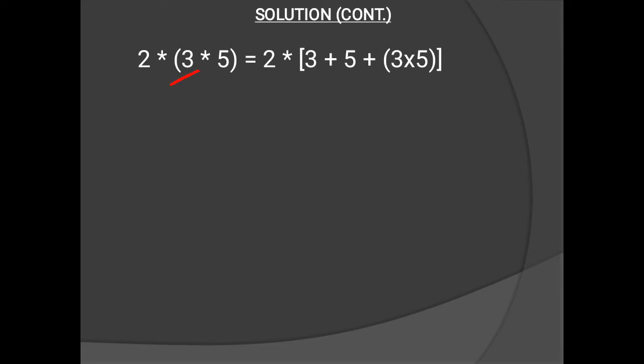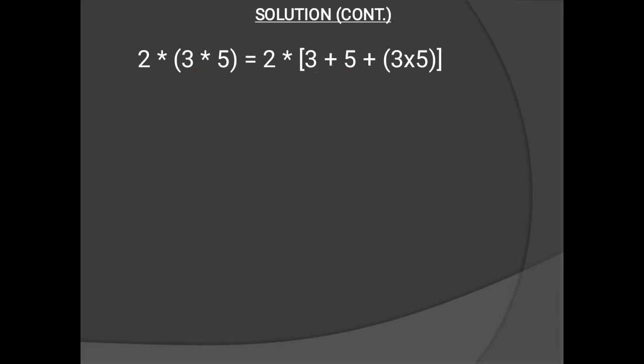First one, which is 3, plus second one, which is 5, plus first one times second one. First one is 3, second one is 5, so 3 times 5. 3 times 5 is 15.